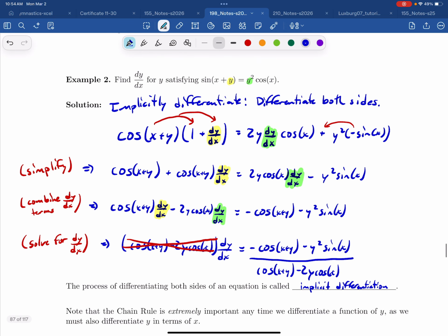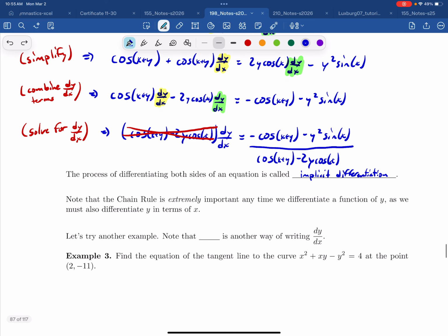Well, anytime we had a composition of functions, of course, right? But also anytime that we did anything with y, right? Anytime we had to take the derivative of y squared, or just sine of y, we're using the chain rule because we think of y as a function of x. So it's very important that you be used to the chain rule and be able to spot when you need to use the chain rule.